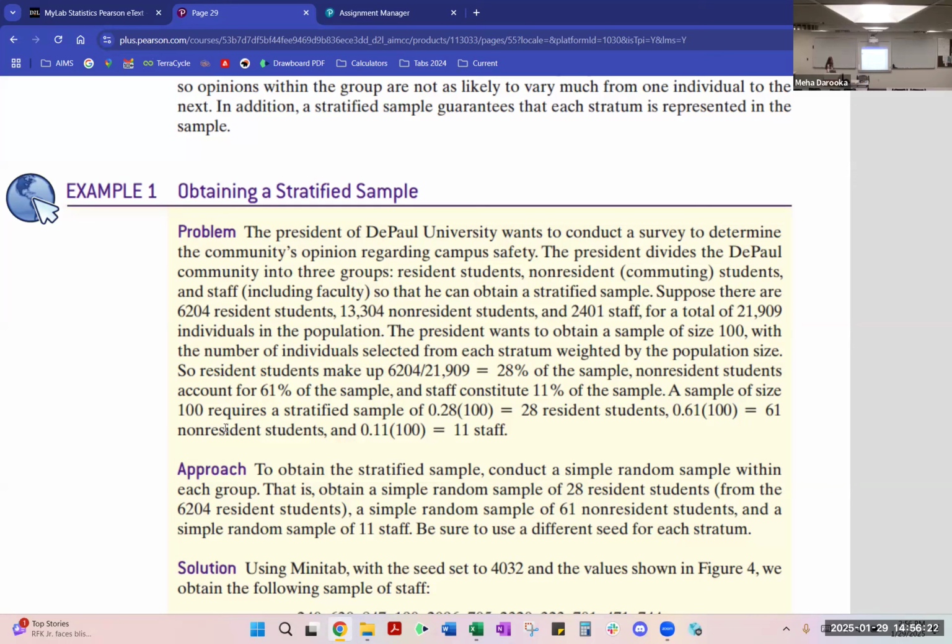So we did 0.28 for the resident students, that's 28 resident students. 61% would of course come out to be 61 non-resident students. And then 11% for the staff, so that's of course 11 staff members. So that's how you come up with the stratified sample.